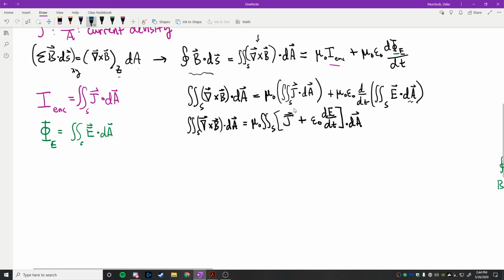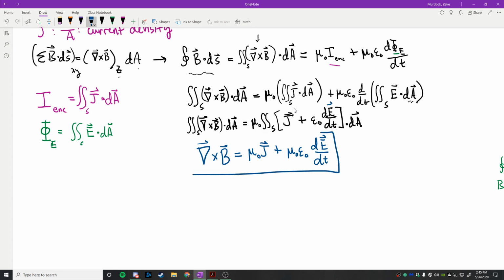If I take the curl of the magnetic field, this is equal to mu naught times the current density plus mu naught epsilon naught multiplied by the time derivative of the electric field. And this is a vector; I should have written it as a vector here. This is basically the Ampere-Maxwell law, you might say.